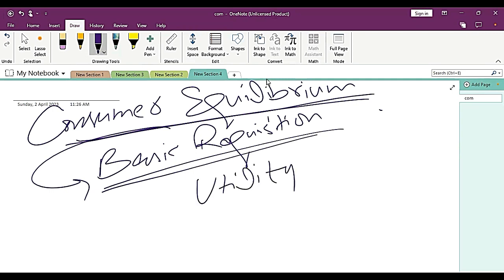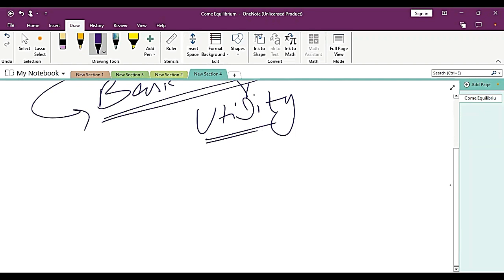In that class, I covered in very detailed form what utility is and what its different approaches are, along with its properties. Now we will study its two further types that are important before starting consumer equilibrium.